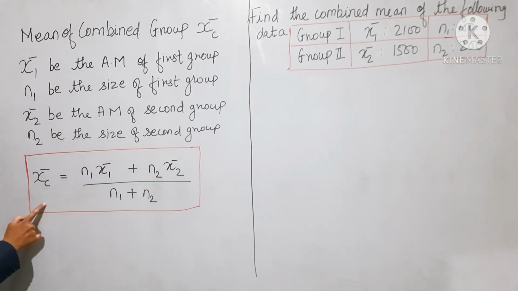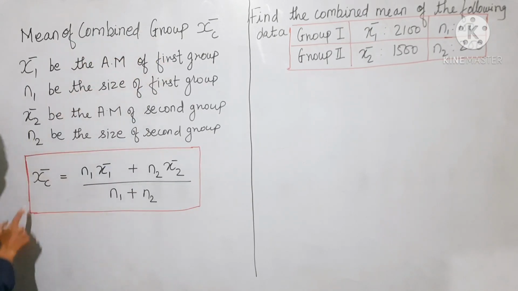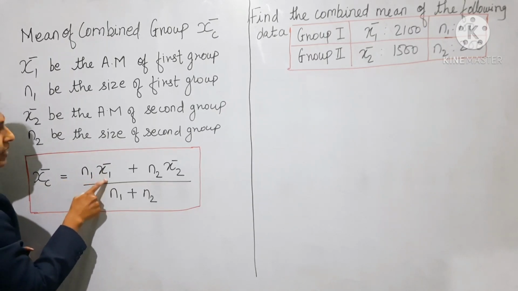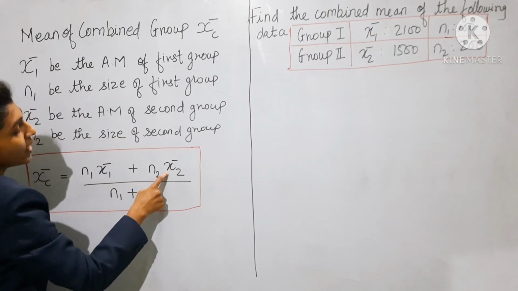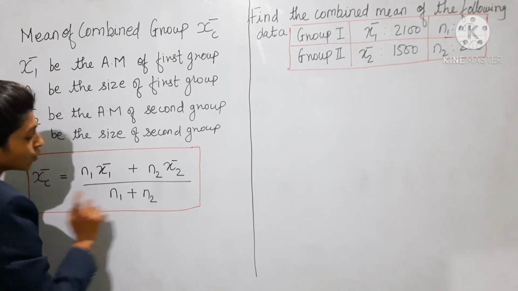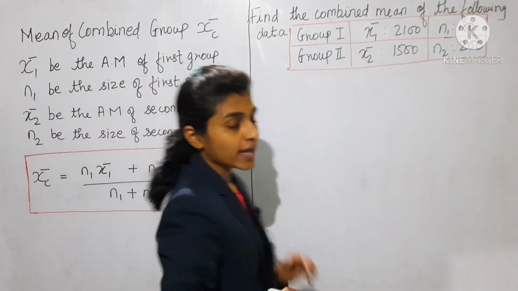This is the formula to calculate the mean of combined group. So x bar c is equal to n1 x bar 1 plus n2 x bar 2 divided by n1 plus n2. By using this formula we are going to solve one example.